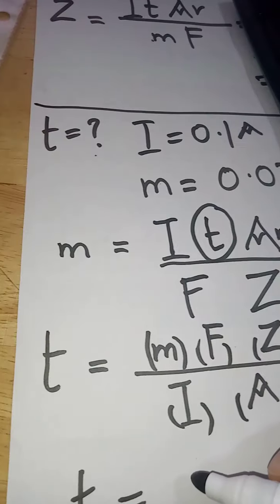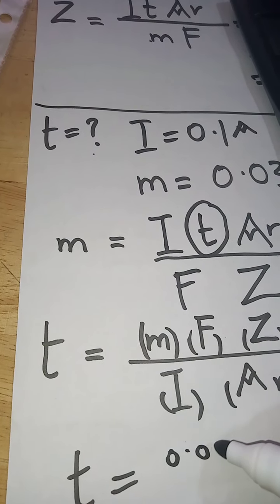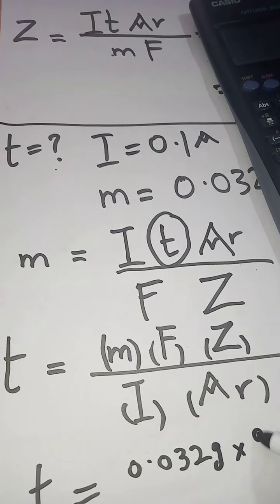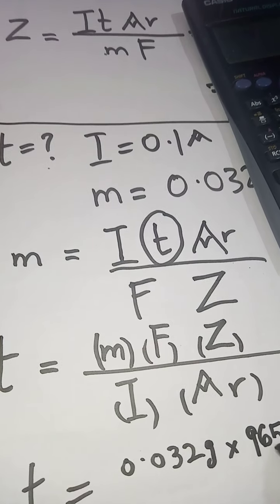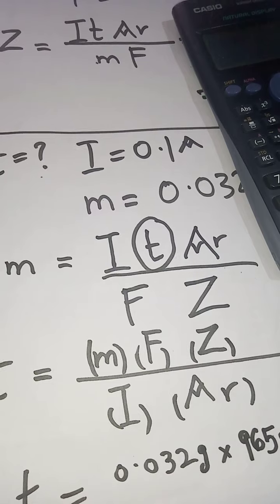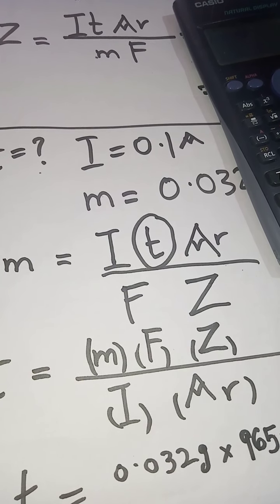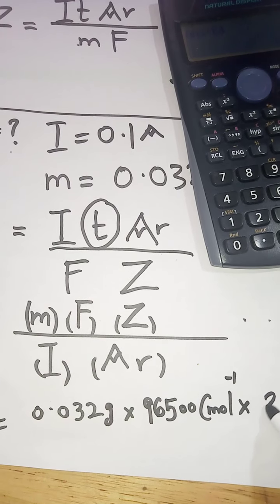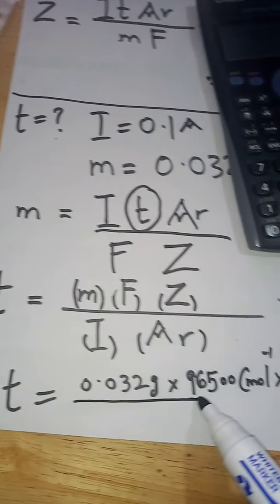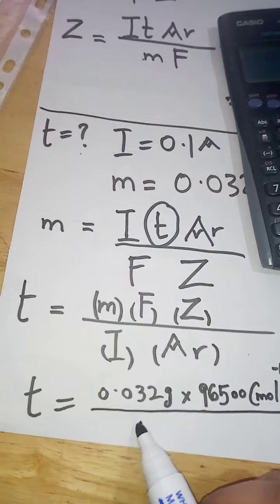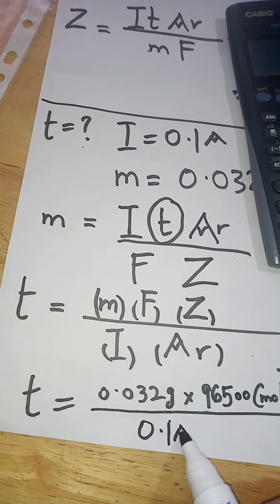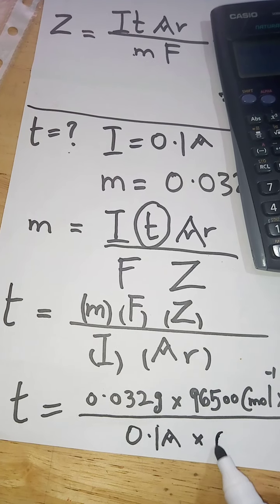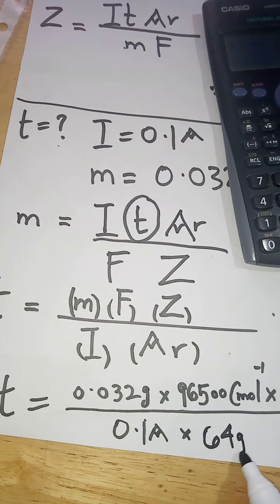So when I multiply 0.032 grams times Faraday constant, which is 96,500 coulombs per mole, times 2, which is the oxidation number of copper, divided by 0.1 amp, times the 64 grams per mole.